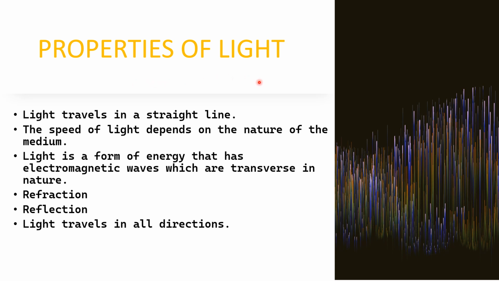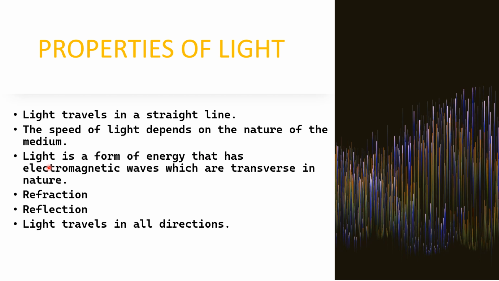Properties of light. Light travels in a straight line. The speed of light always depends on the nature of the medium. In vacuum space, light travels very fast. The speed is 3 × 10^8 meters per second. Next, light is a form of energy.